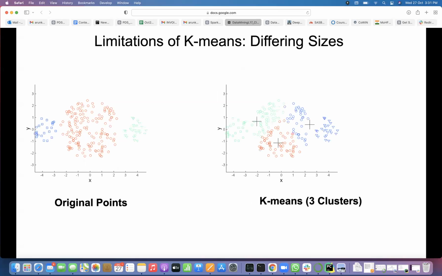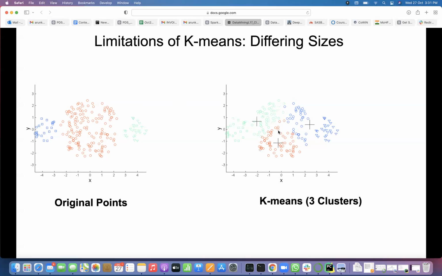So here are the original points, then k-means with 3 clusters, and you get this. Limitation of k-means: differing sizes. Actually you wanted these types of clusters on the left side, but when you apply k-means, you get these clusters. Why?